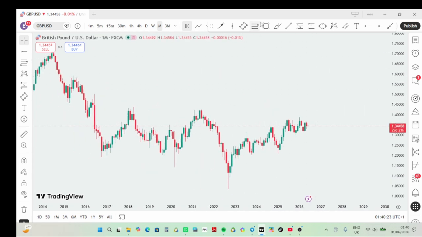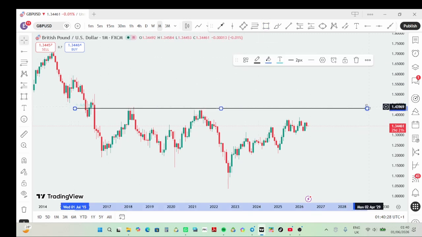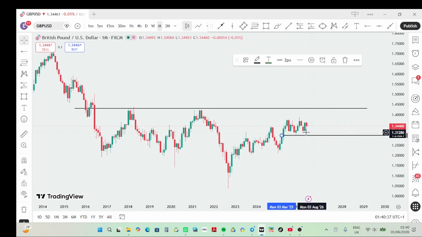Now, on monthly, GBPUSD has given us a strong commitment to the upside, though it's also ranging. You can see there is an inverse head and shoulders also on GBPUSD. This is a head, a left shoulder, and it's already giving us a right shoulder.